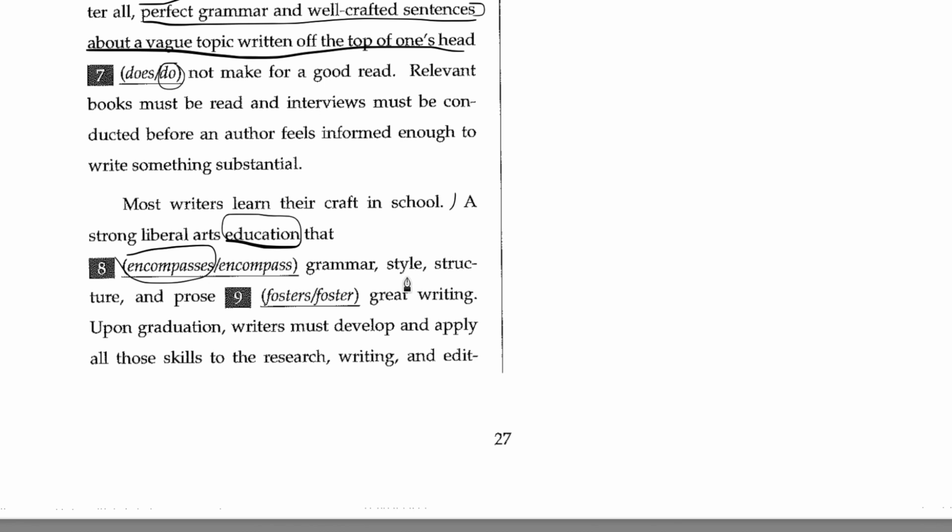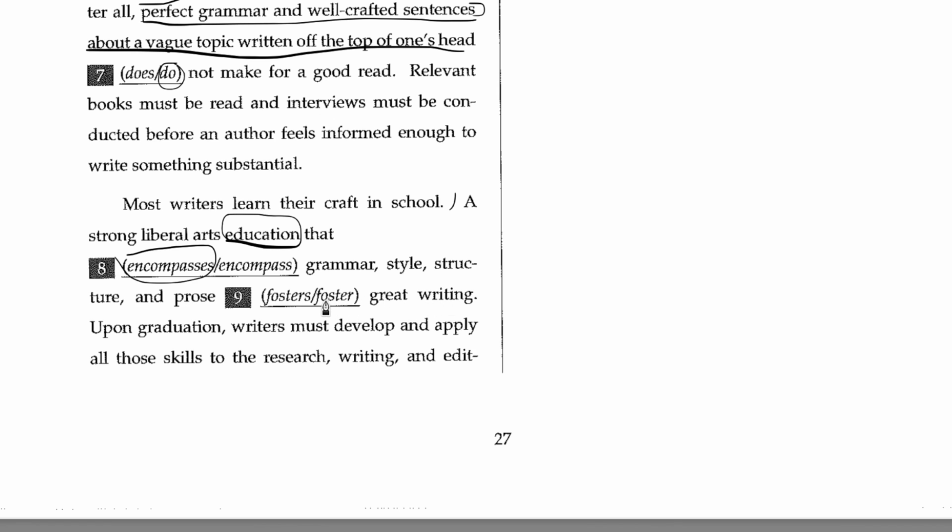Number 9. Grammar, style, structure, and prose foster great writing. Alright, let's get back to the beginning of the sentence. I think it's the same sentence, so I will start reading from a strong liberal arts education. A strong liberal arts education that encompasses. It's encompasses, because we said my subject is education. The education is the thing that encompasses grammar, style, structure, and prose. Foster or fosters great writing?